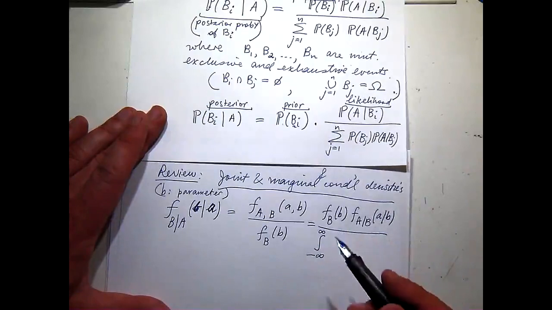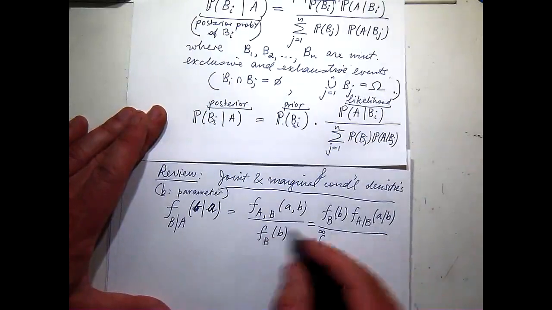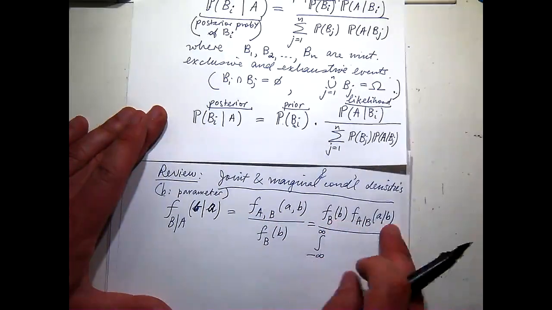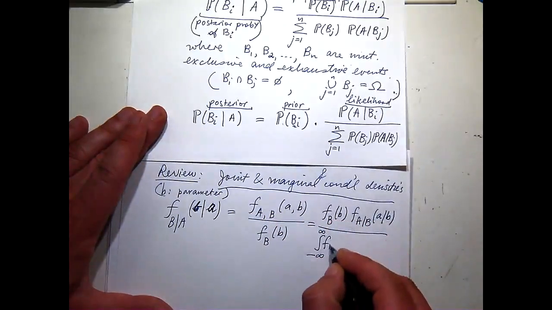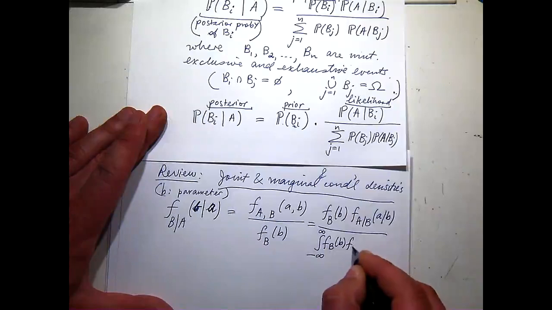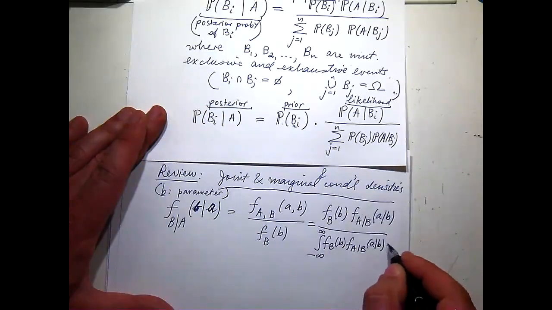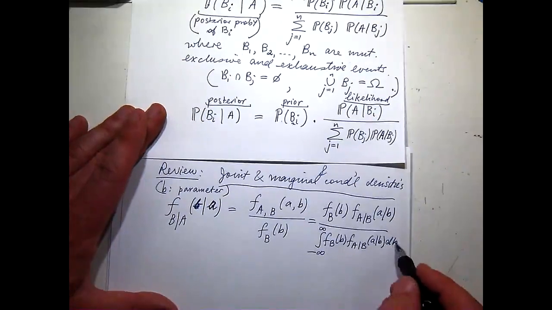But in principle, it could be from minus infinity to infinity, of the joint. And once again, the joint can be written as a two-variable function, but I'm going to write it in this form: f_B(b) f_{A|B}(a|b) db.